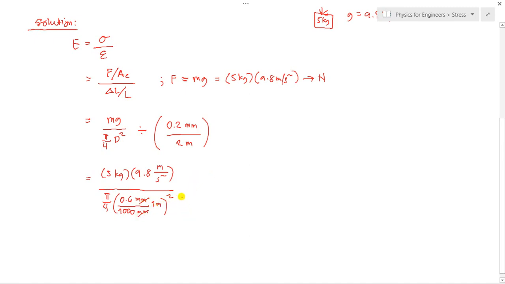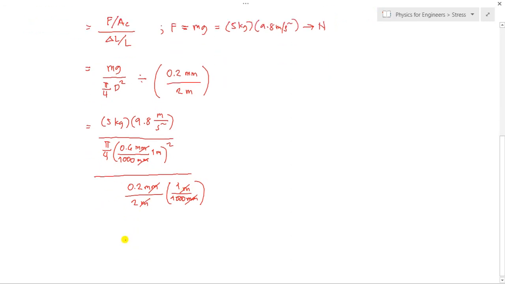Para makancel na siya, ang meter. Then divided by 0.2 mm all over 2 meter. Since i-convert nato ang 1000 mm to 1 meter, makancel na siya, makancel ni. The same thing with this one, makancel.